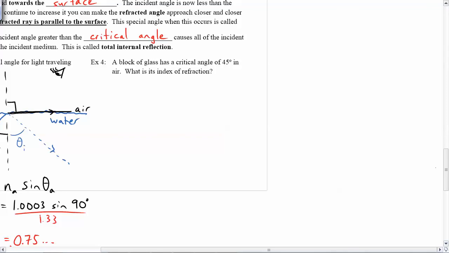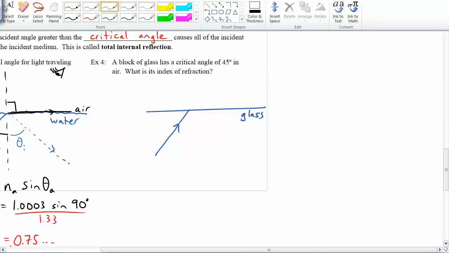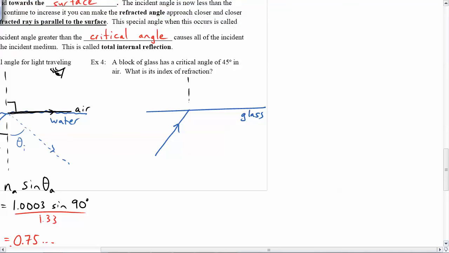Okay, now the other way around. A block of glass has a critical angle of 45 degrees in air. So this time we've got some glass here. We're shining light from the glass, and the light should escape and get further away from the normal. But because it says that the critical angle is 45 degrees, what that means is that when we shoot the light through the glass at 45 degrees, none of that light is going to escape.